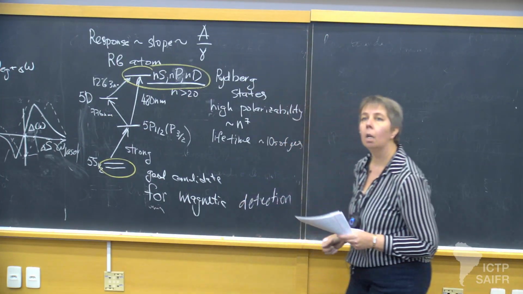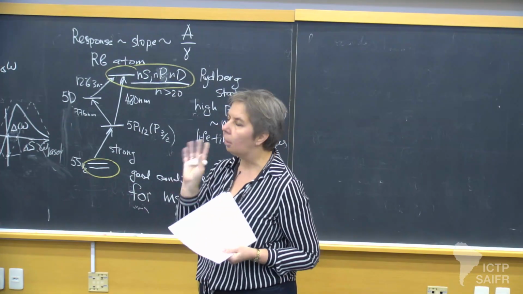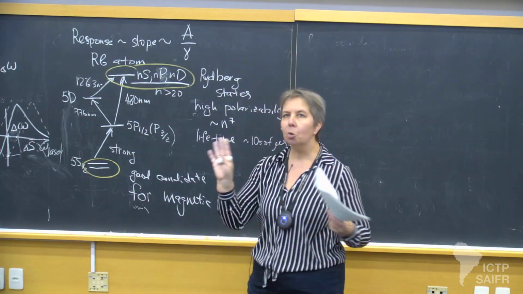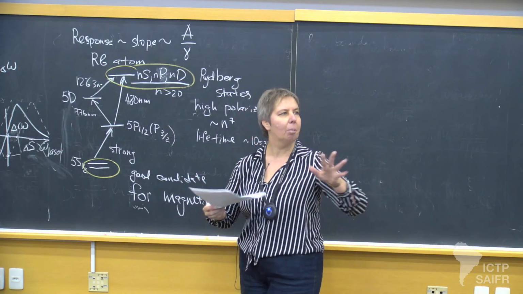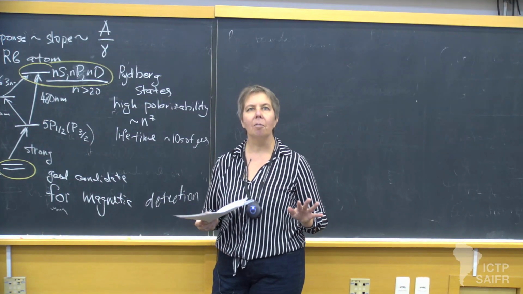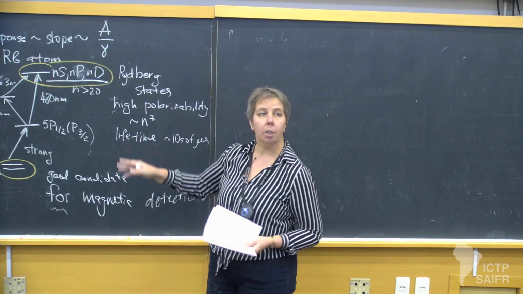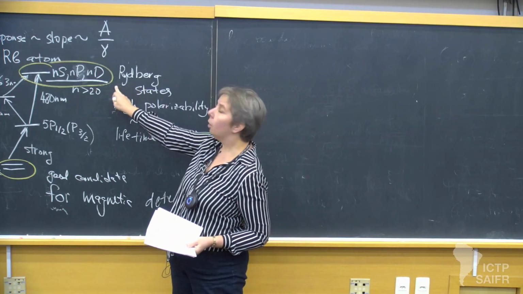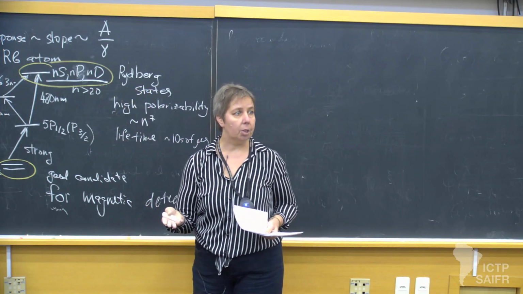Okay. So if you look at our other list of parameters, gravity is a tough one. So you really need to talk to your colleagues who will advise you how gravity can couple to atoms and so on. You have to be really in love with precision measurement to do that. Temperature, believe it or not, Rydberg atoms can do temperature. And this is through the blackbody radiation.